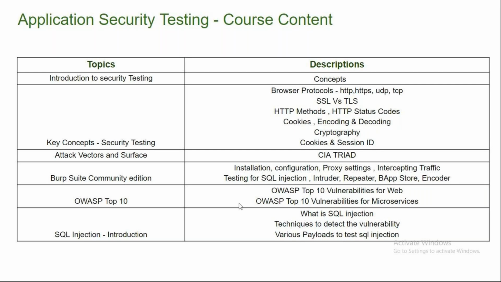Each category, there are top 10 categories defined by this OWASP group, against which you will test your application. You can think of it as the top 10 most common defects that you can expect in a web application.